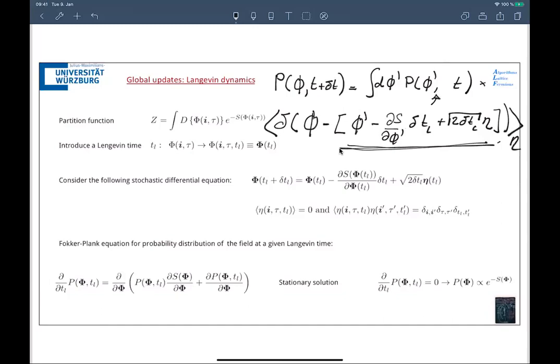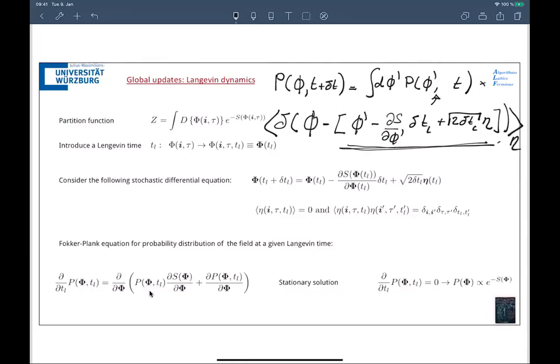This is the starting point to define what we call the Fokker-Planck equation. If you just expand the delta function in this term, then you will get a differential equation for the probability distribution as a function of time. This is the Fokker-Planck equation.